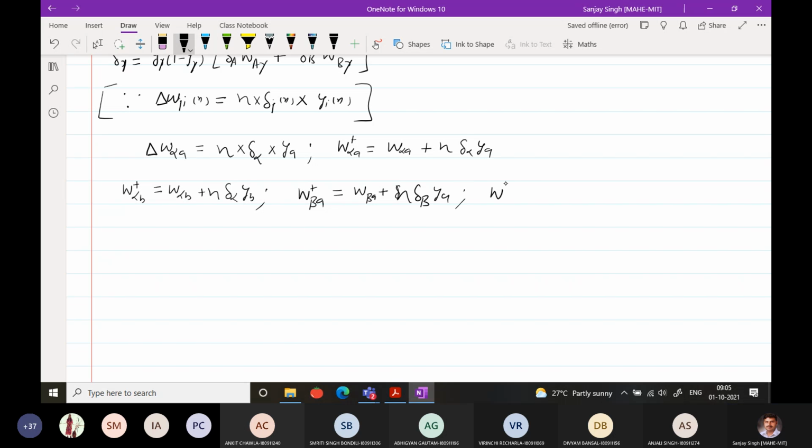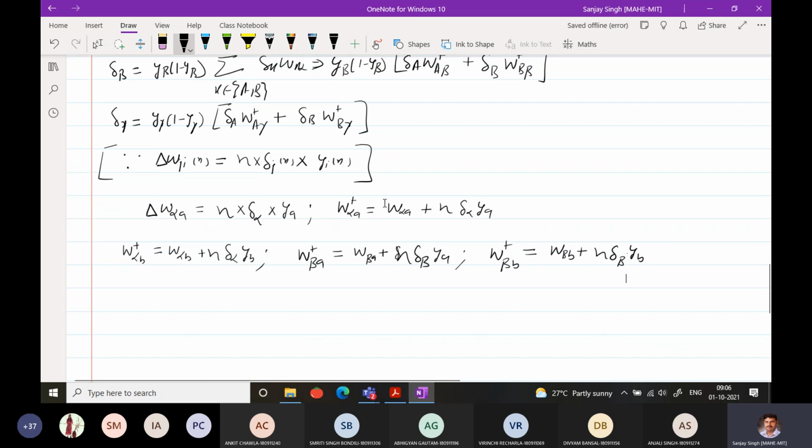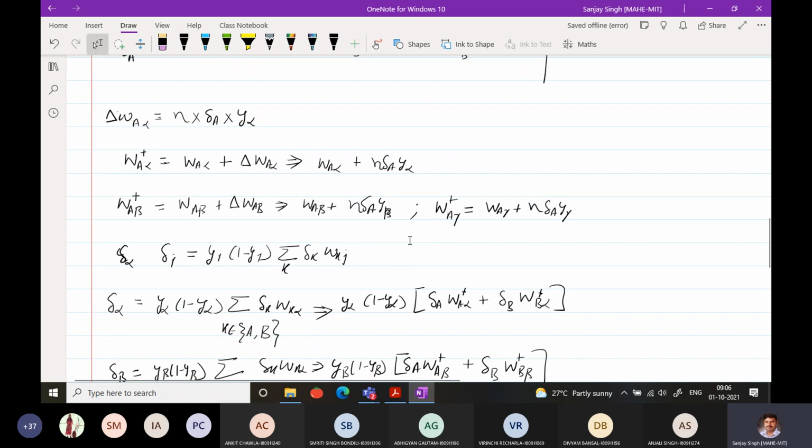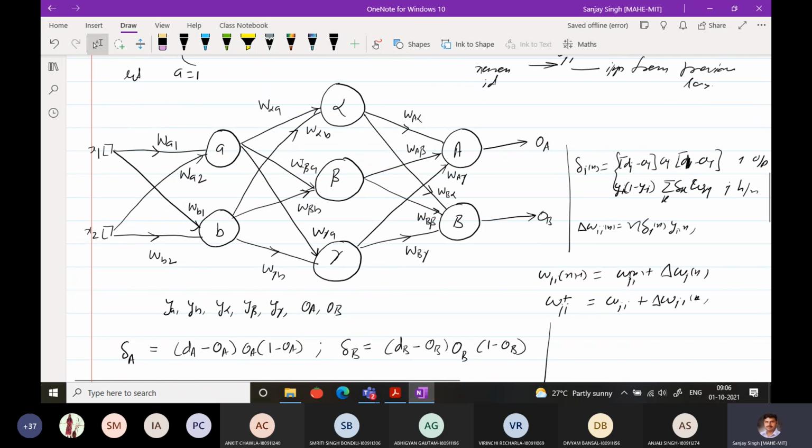Another one, I can say beta from B as an input. So W beta B plus eta delta beta Y of B. So you got these two values, beta A plus and beta B plus.